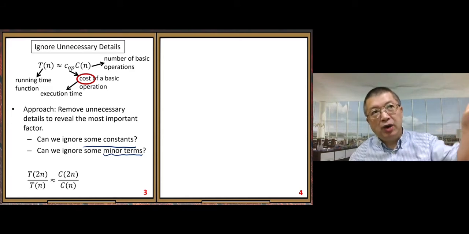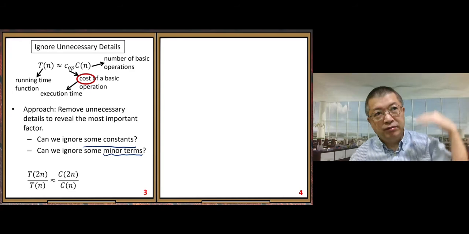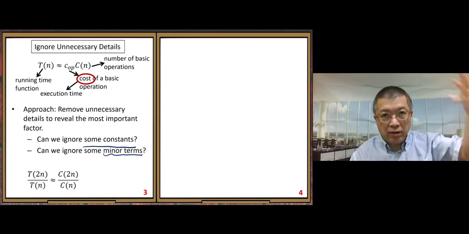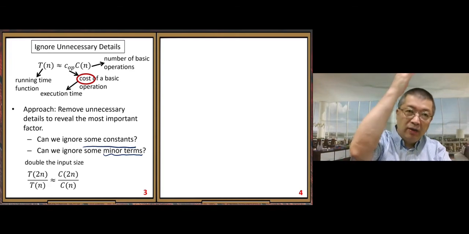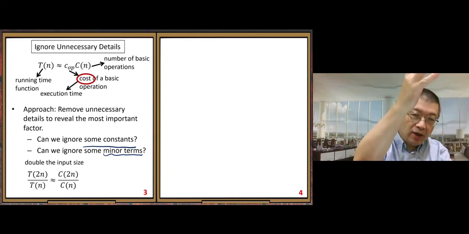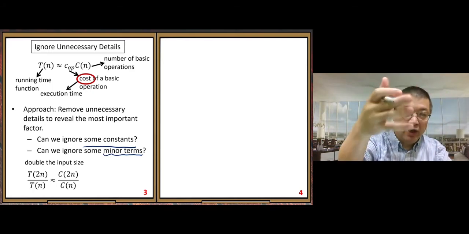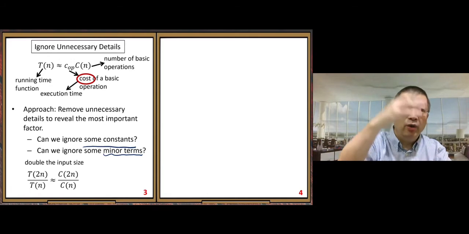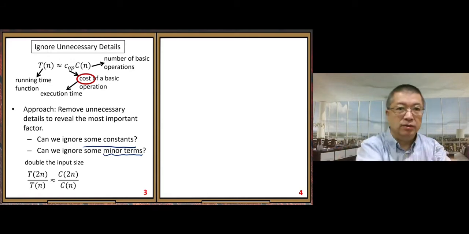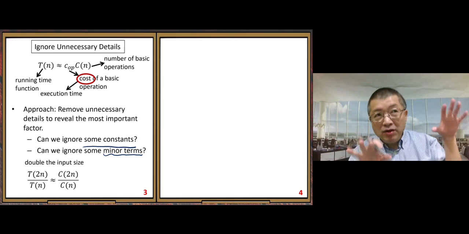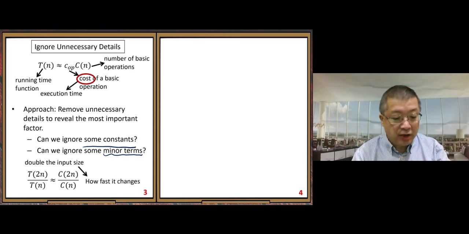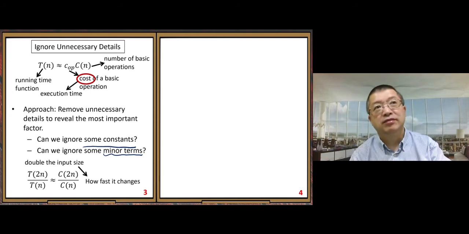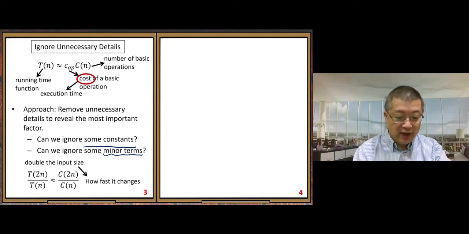On the left-hand side, the ratio of two running time functions when the problem size is doubled, 2n over n. On the right-hand side, counting the number of basic operations, two functions, the ratio when the problem size is doubled. They are approximately equal because you can see the C, the constant part, cancels out.